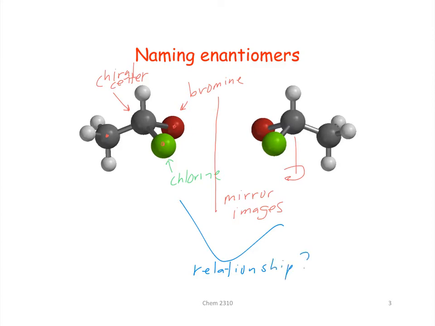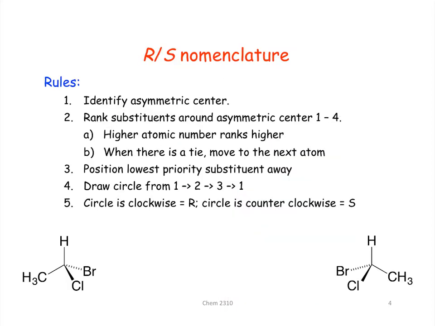Okay, the relationship is that these are enantiomers. So they are stereoisomers of one another, and they are mirror images. Those two compounds have the same connectivity, right?